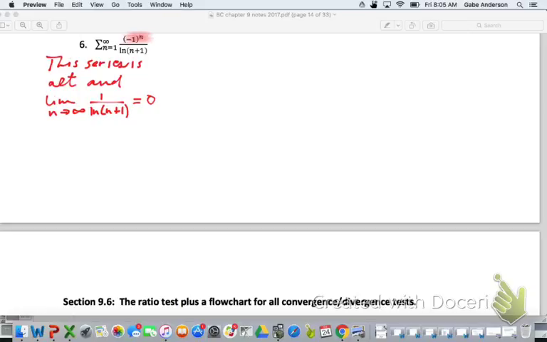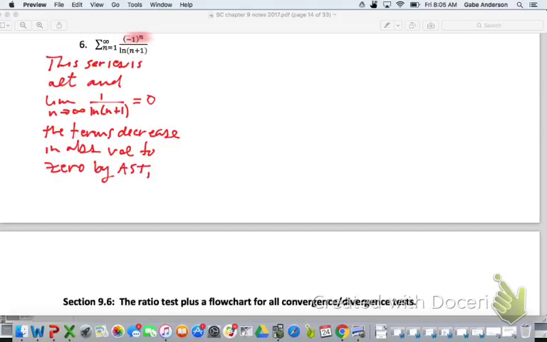Yeah, so we'd say the terms decrease in absolute value to 0. And so, by the alternating series test, the series converges.